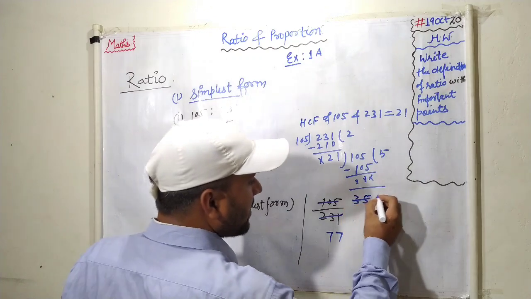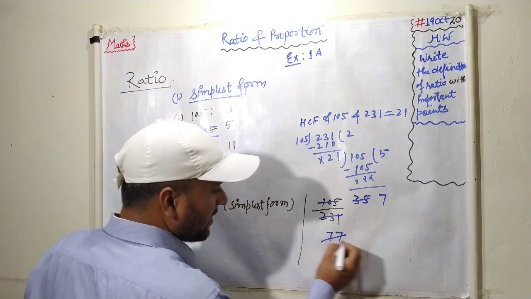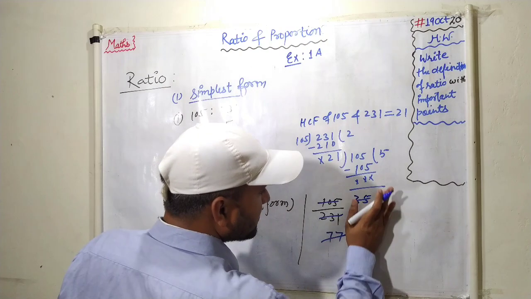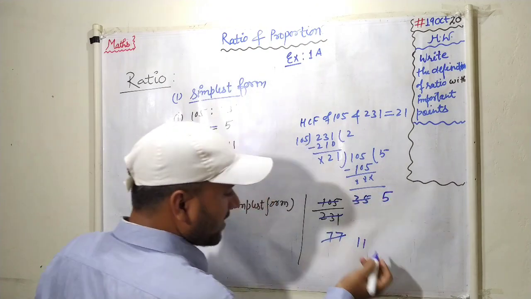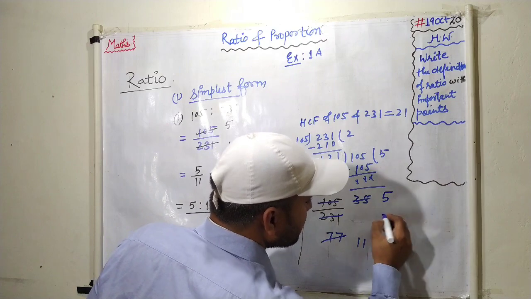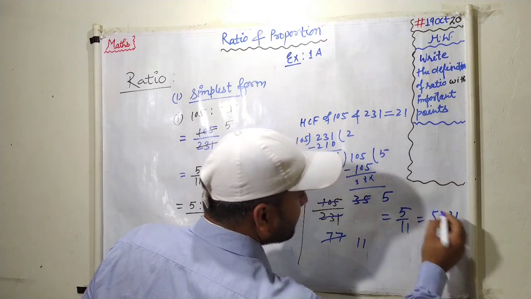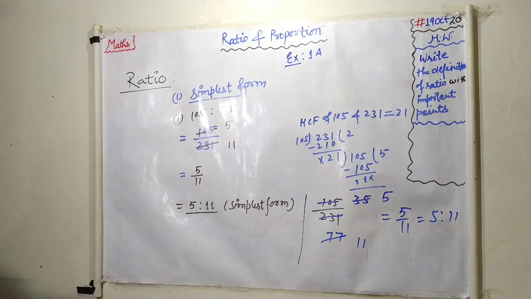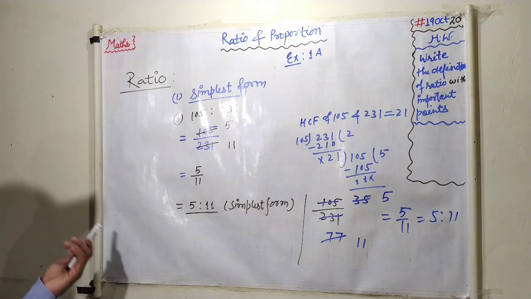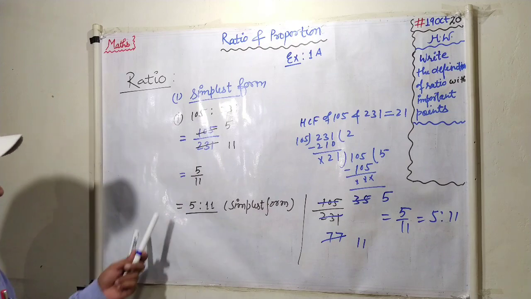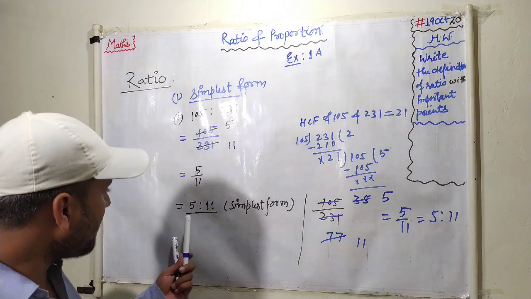Again it is cancelled by 5: 5 7s are 35, and 7 5s are 35, and 7 11s are 77. So you will get 5 upon 11, or 5:11. So both ways you can do it. Whichever looks easier, you use that method. Okay, students, 5:11.